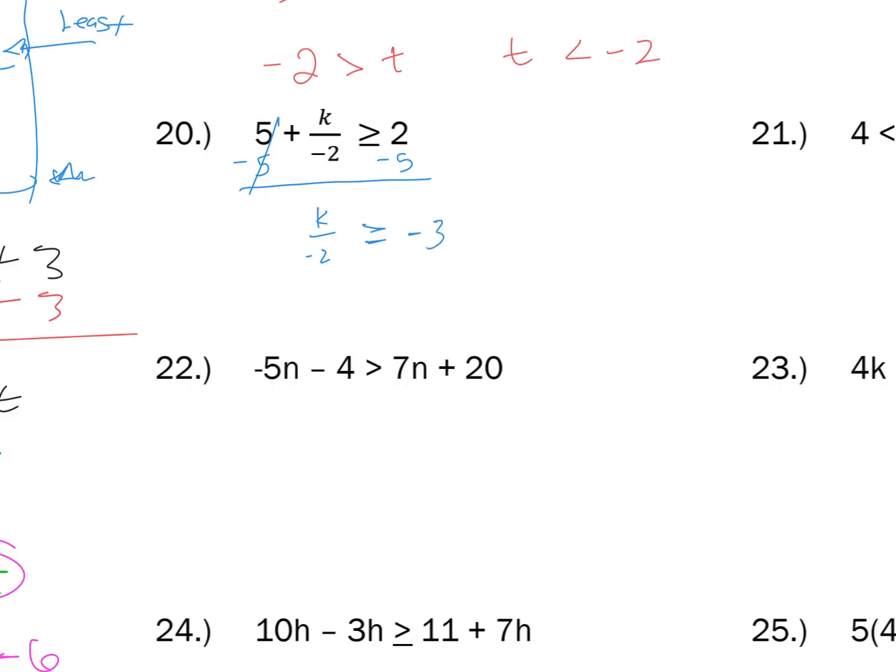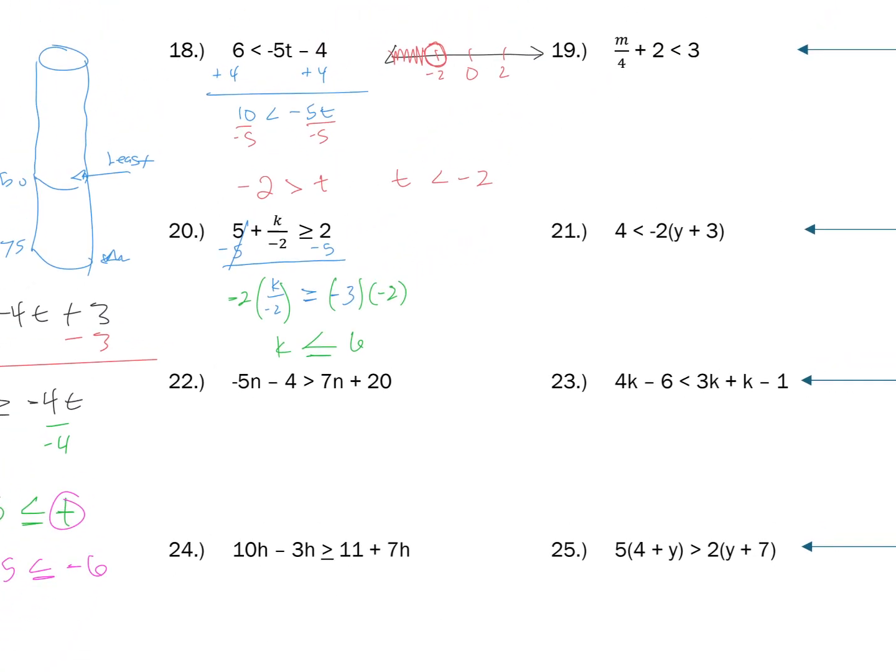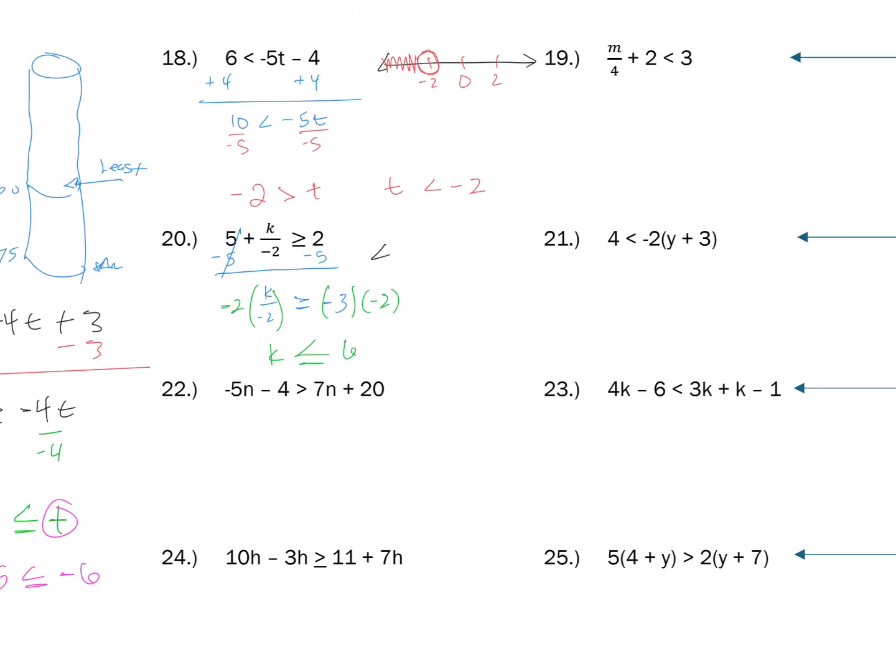Like, none of you were looking at this going, if I subtract 5, I really need to mess with this number, with this k over -2. You know you don't, right? They're incompatible. I'm going to multiply by -2, and oh look, I am multiplying by -2, so I flip my inequality sign, and I get k is less than or equal to 6. Here comes my graph.